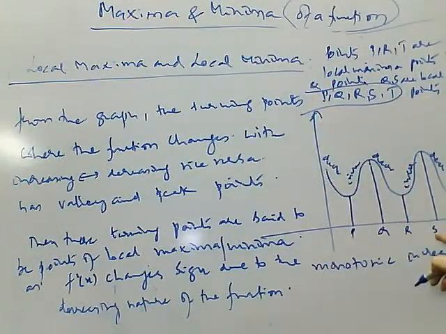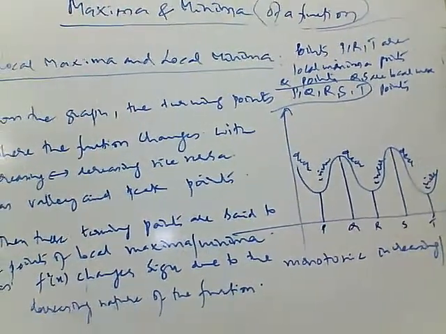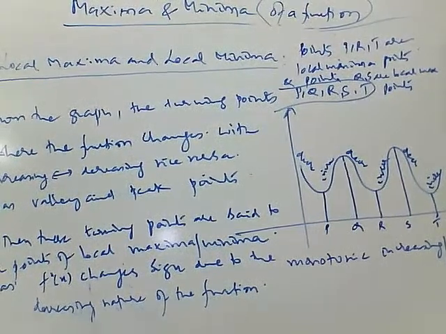So Q and S are local maximum points, and P, R, or T are called the local minimum points. Are you clear? So understood now?